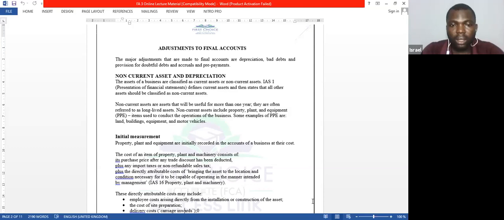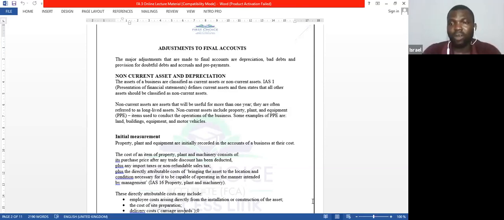If you pay money in advance, you have that as a current asset. So you have maybe 20,000 naira in your current asset. At the end of the month, you have to take the apportionment, the part of what you have consumed for that month, so that you can take it to your profit or loss statement. So that's adjustment. It's just to give insight.